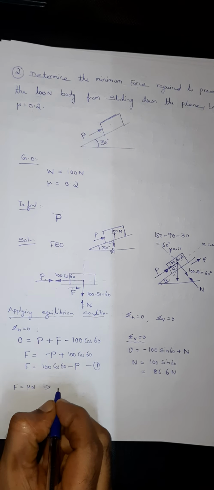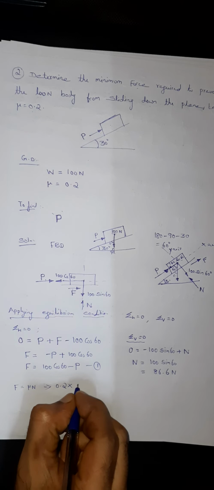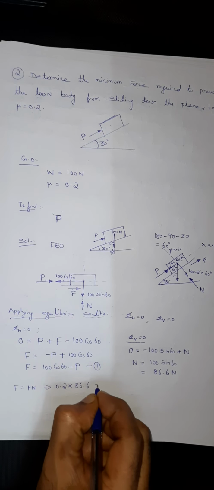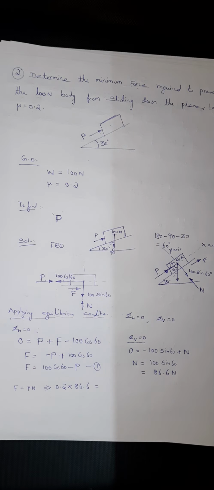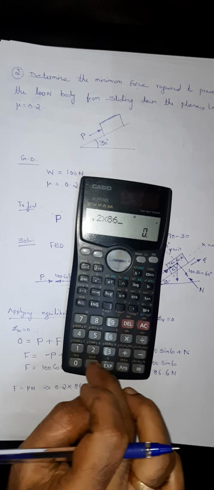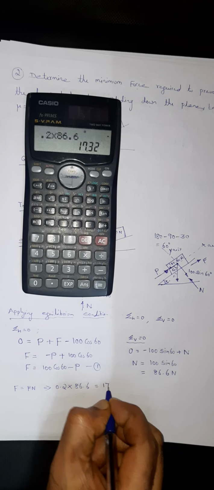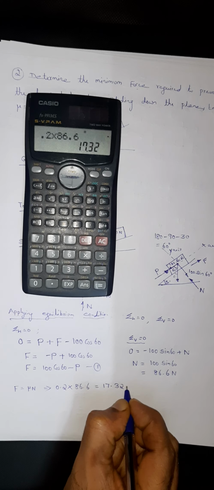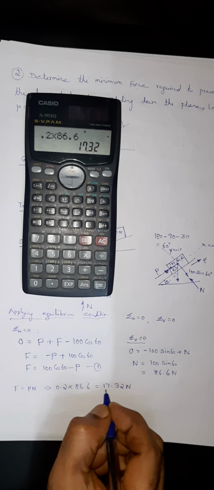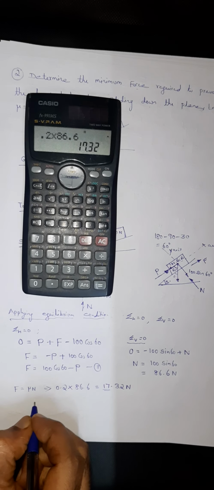So mu is equal to 0.2 into 86.6. It works out to 17.32 Newton. Apply this 17.32 in equation number 1.